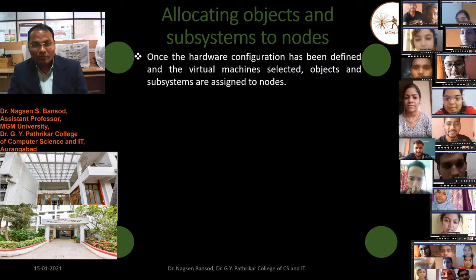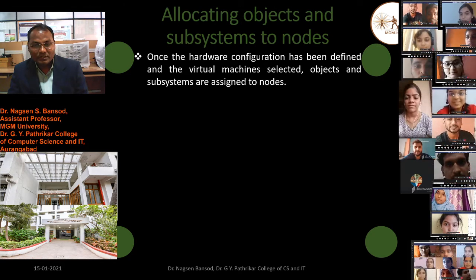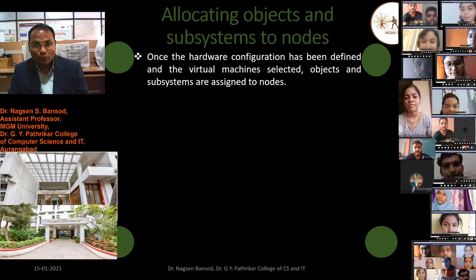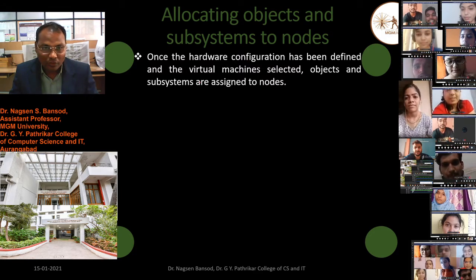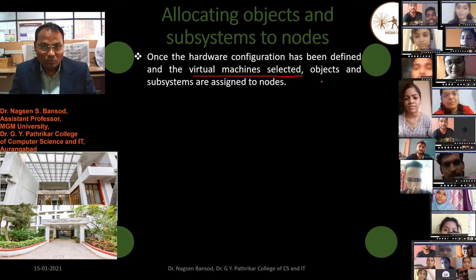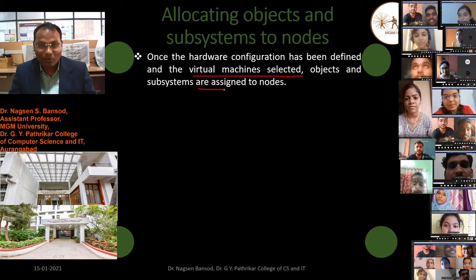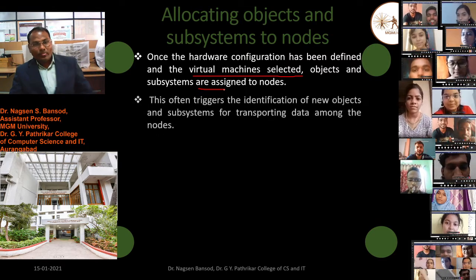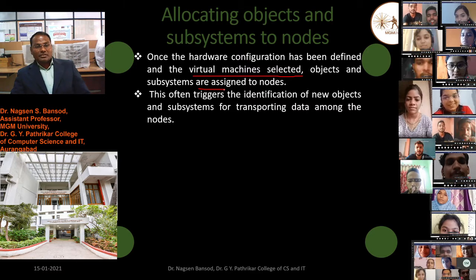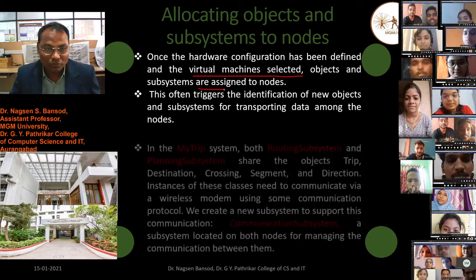Once the hardware configuration has been defined and the virtual machine selected, objects of the subsystem are assigned to nodes. Once you have designed the virtual machine, we have to select the objects and subsystems which are designed on the nodes. These often trigger the identification of new objects and subsystems for transporting data among the nodes.